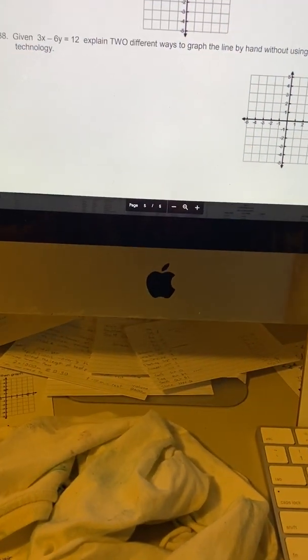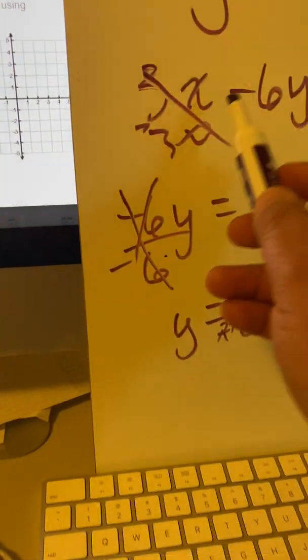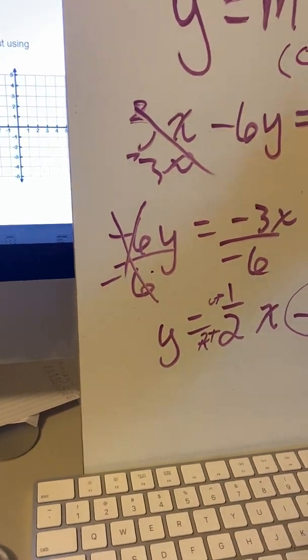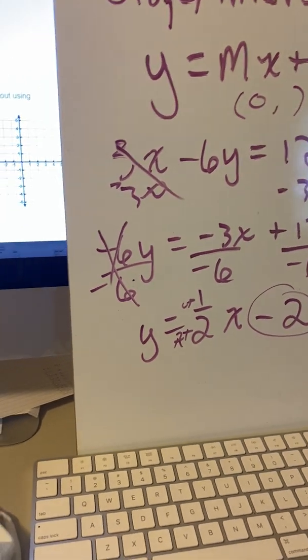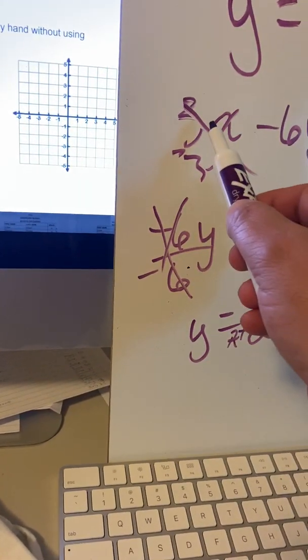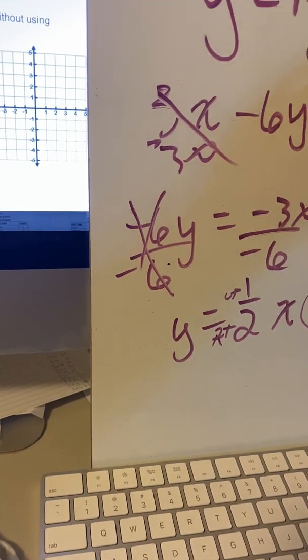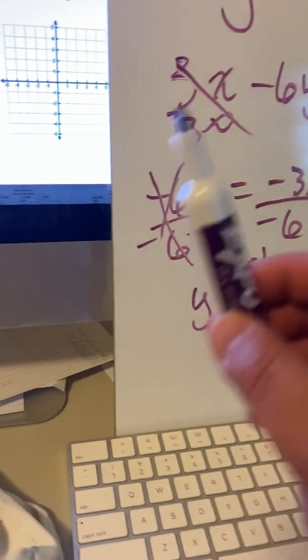Now, the other way to solve this one is what we did on an earlier problem. Find the x and the y intercepts. Go back to this problem. Make x 0, make y 0, and it'll tell you 2 points. If I make x 0, it cancels out. I divide by -6, that makes -2. That means I cross the y-axis at -2.